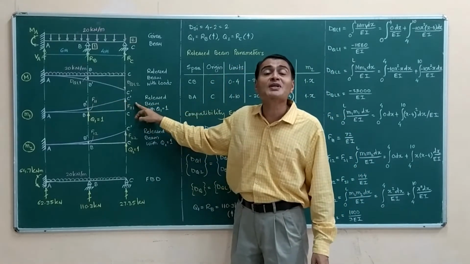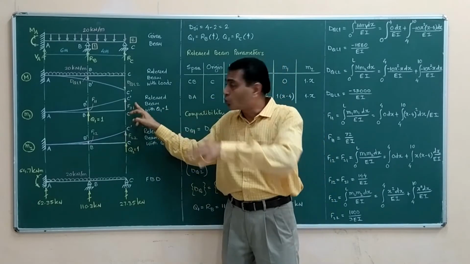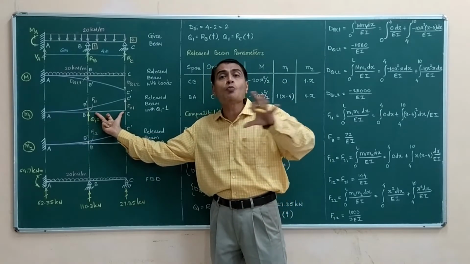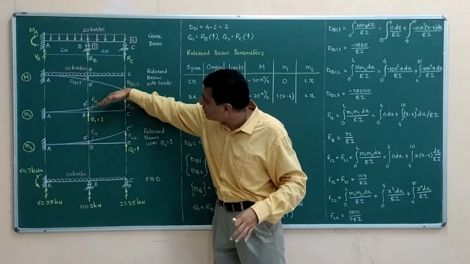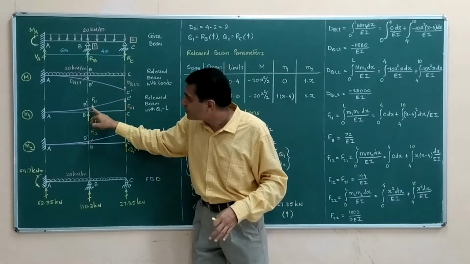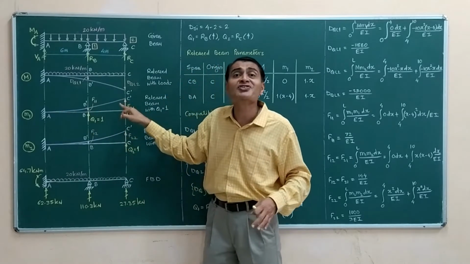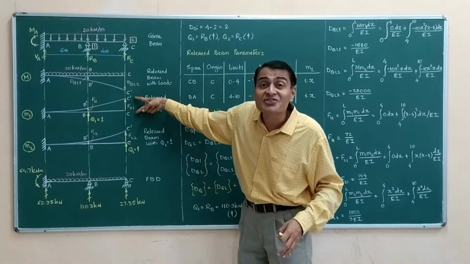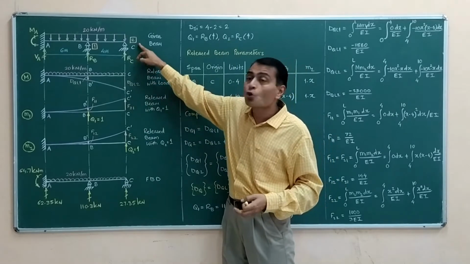Now observe this displacement which has occurred simultaneously. Though my force is applied here, in this portion there is no bending moment. In fact, this portion has just gone up and remained straight. There is bending here, there is no bending here. This portion is straight. Nevertheless, there is going to be some displacement, C is moving to C prime. C is our node 2.